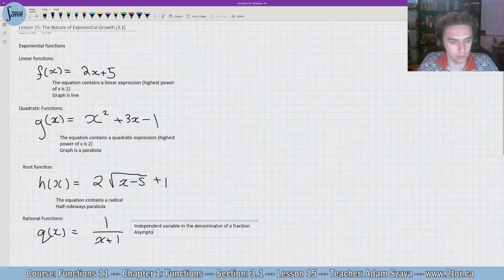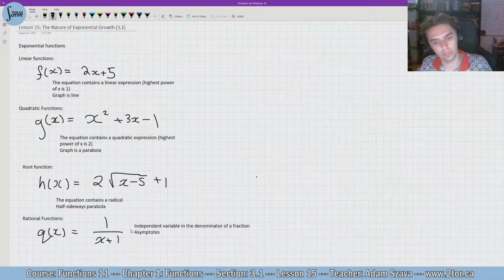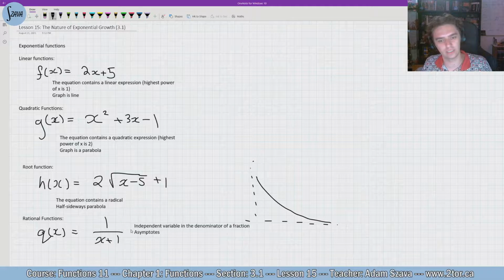We're going to study a lot more about what asymptotes are this unit, but asymptotes are essentially where you have a graph that's approaching either the x or the y-axis, but never actually touches it. You see this goes up forever, approaching the y-axis, this goes up forever, approaching the x-axis, but it never actually touches it. So that's your asymptotes.